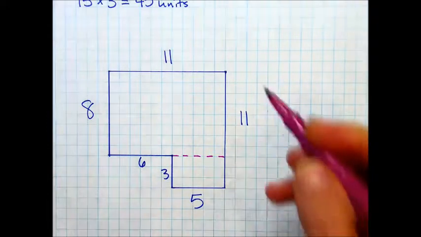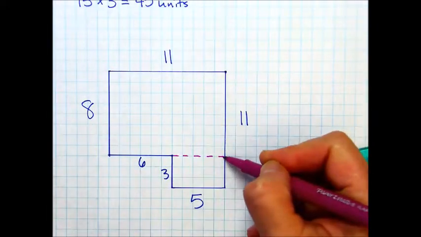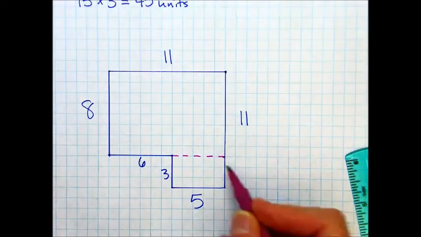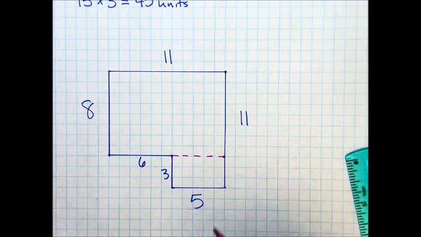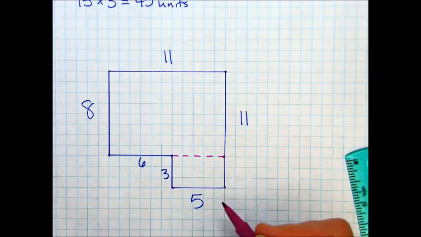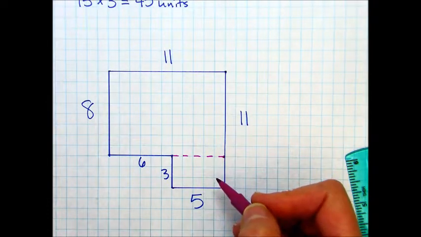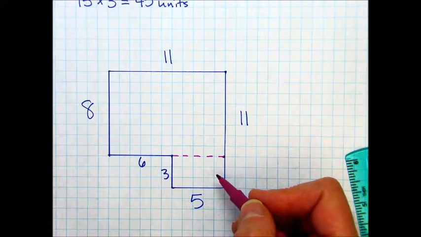So instead we now have this rectangle as one unit or one area, and then we have this smaller rectangle as another area. Once we find the area of both parts, we could add them, and then our total would be our total area.